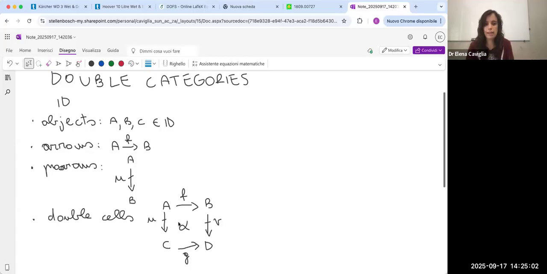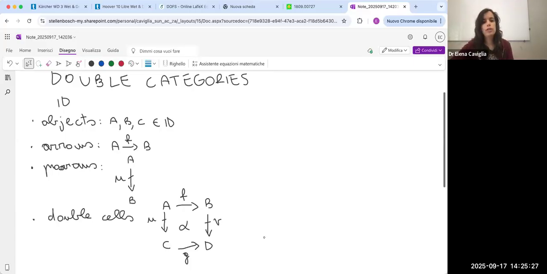The idea is that the double cell will have a horizontal domain, in this case F, a horizontal codomain G, a vertical domain U, and a vertical codomain V. So these are ways of filling these kinds of squares in the double category.